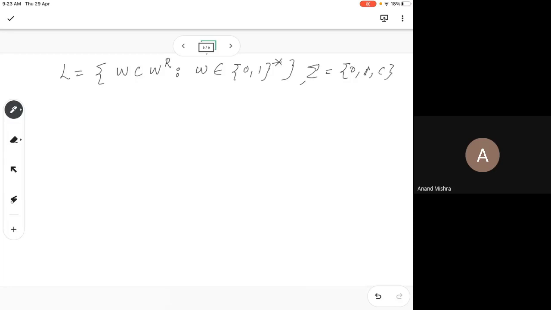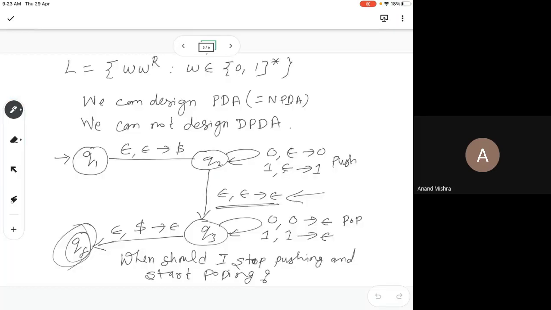Can this language be recognized by a DPDA, a deterministic PDA? Yes, because you know where the center is. So you know the answer for this question.